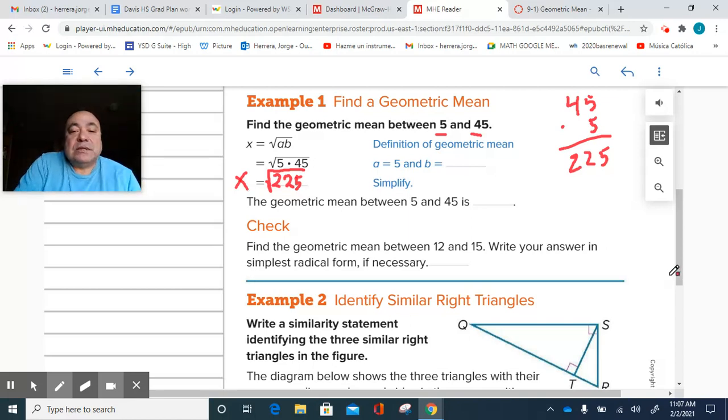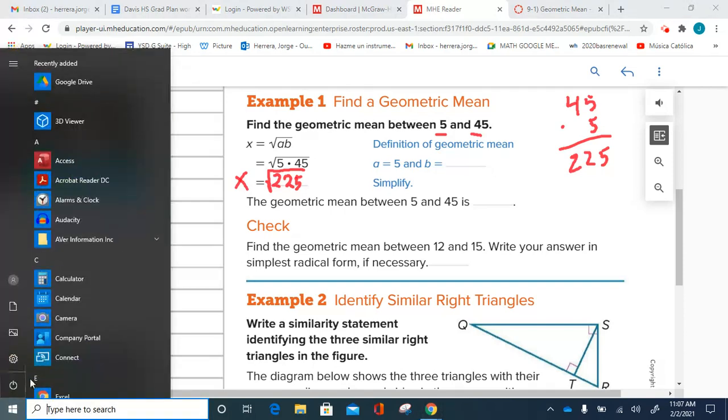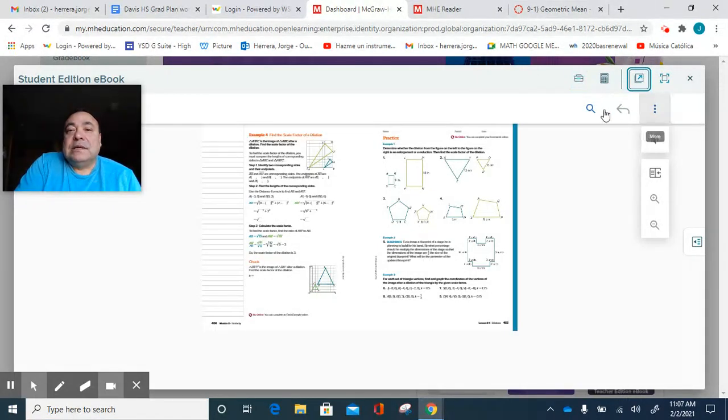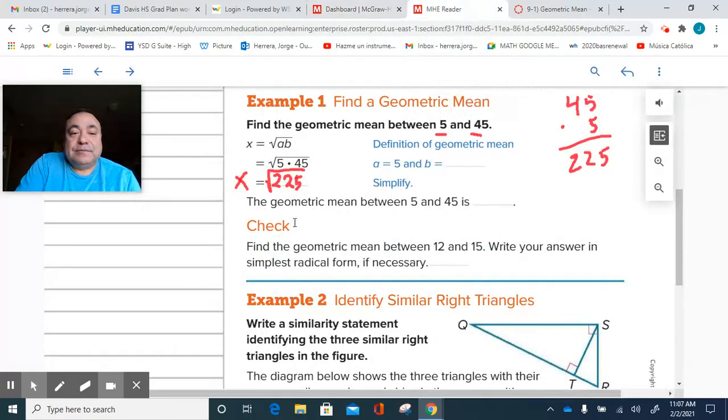That's the question, and you can use a simple calculator. I really suggest you get your Desmos calculator, which I think is the best. Let me go back to my dashboard here. I'm just going to get my calculator.